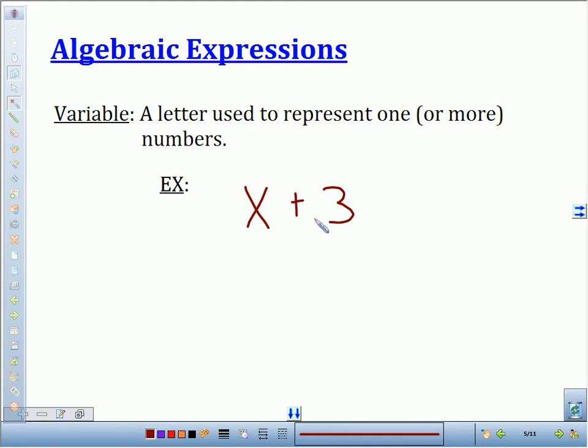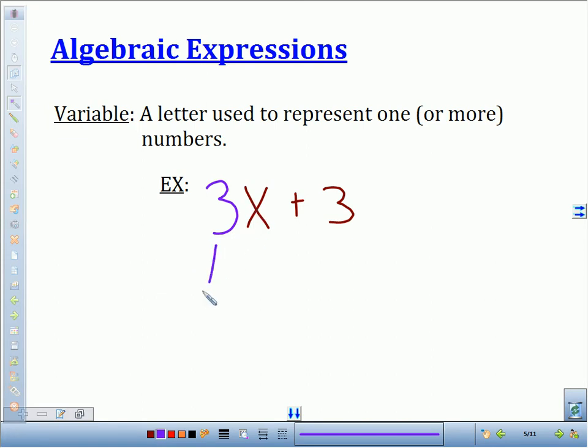Now, when we look at variables, a lot of times we will have a number in front of the variable. This number in front of the variable is multiplying that variable. So 3x here is 3 times x.